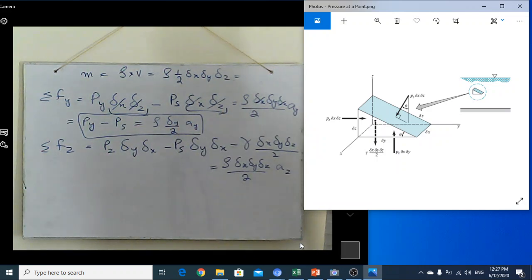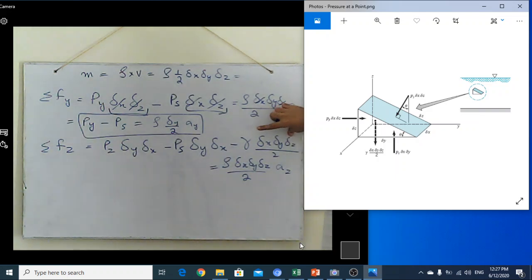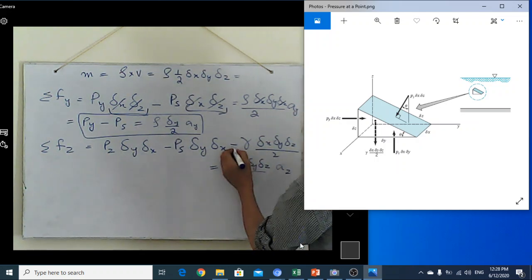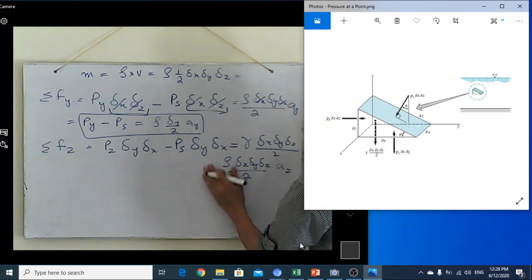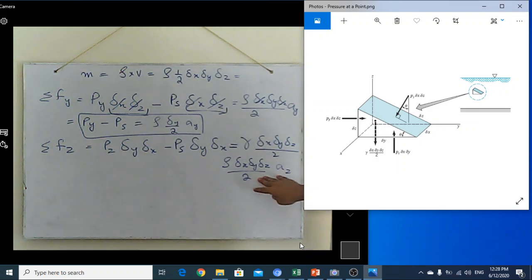Similarly, if the specific weight is moved to the right side of the equation, it becomes positive and is retained positive. So the equation can be reduced in this form.